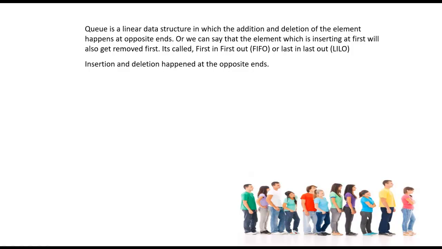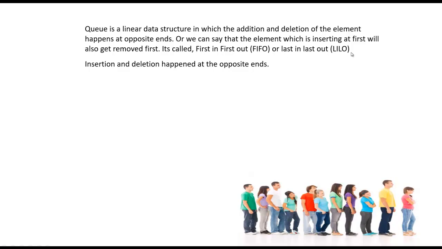In this queue, this lady will always get her work done first, or you can say this is the lady who can leave this queue first. So the person who is coming into this queue first will get deleted from that queue first. It means first in, first out.